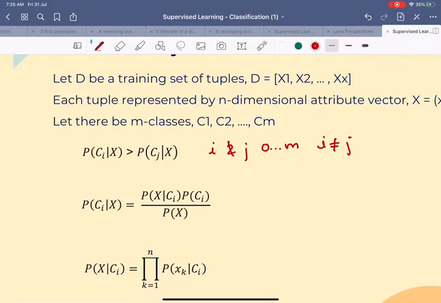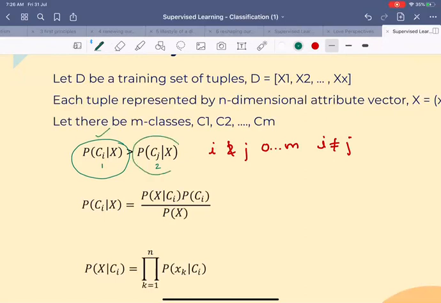Let's say we are trying to do this for our Titanic data set. C will have two classes only, 1 and 2. We'll have to evaluate the probability of class 1 given X, and the probability of class 2 given X. Depending upon which is greater, if this one is greater, we will name our target as class 1.